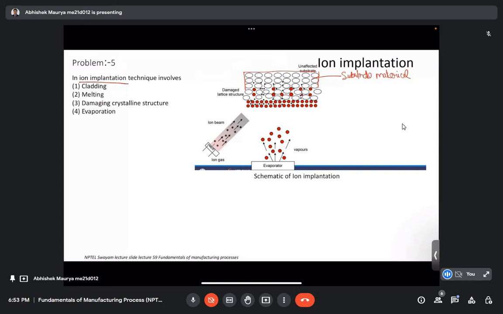So how is it done? By the ion implantation technique. Suppose we have some material which should go and deposit on the surface, as well as go inside the near-surface material of the substrate, so that the properties of the substrate material get improved.